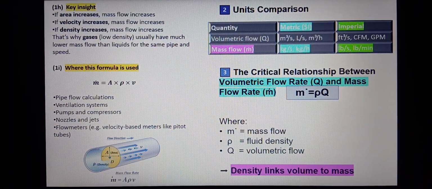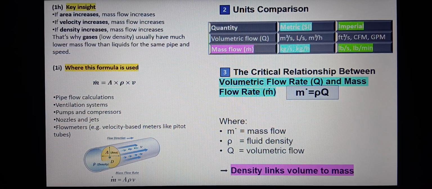Key insight: if the area increases, mass flow increases. If velocity increases, mass flow increases. If density increases, mass flow increases. That's why gases with low density usually have a much lower mass flow than liquids for the same pipe and same speed.